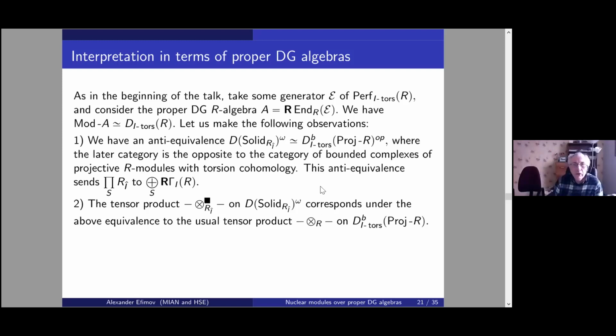So now you consider this category to be the category of compact objects of a certain compactly generated category. Yes. And this bigger category, another name for this would be the category of Ind objects of the previous category. And then this category of Ind objects is what you want. Yes? Yes.